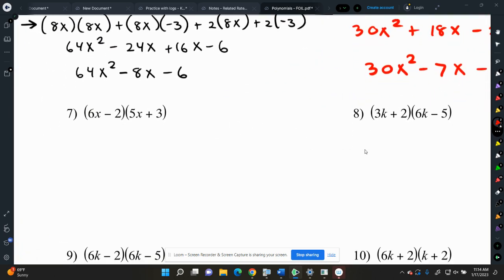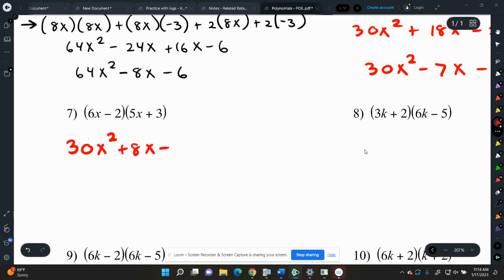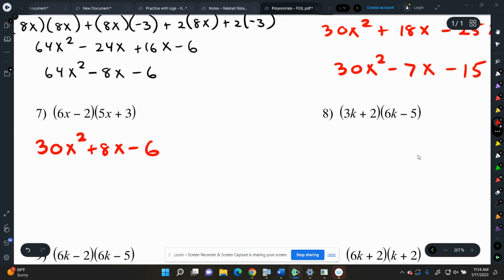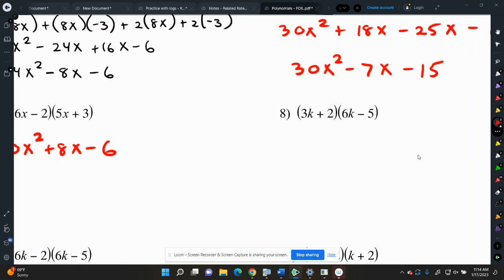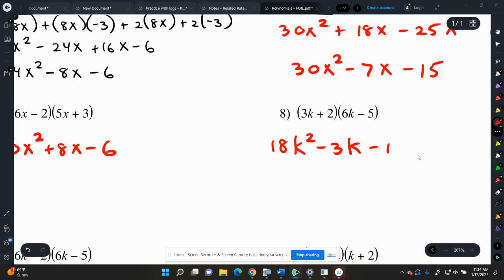Okay, number 7. I'm just going to write the answers out, save us some time. 30x squared plus 18 minus 10, so that's plus 8x minus 6. Good with that? Okay, number 8, we have 18k squared minus 15 plus 12, so that's minus 3k minus 10.